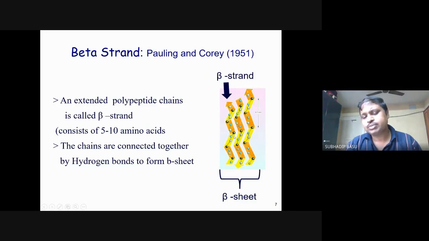There are also hydrogen bonds among them. In general it forms a planar sheet-like structure, and here also we have strong hydrogen bonding that makes these sheets a stable structure.